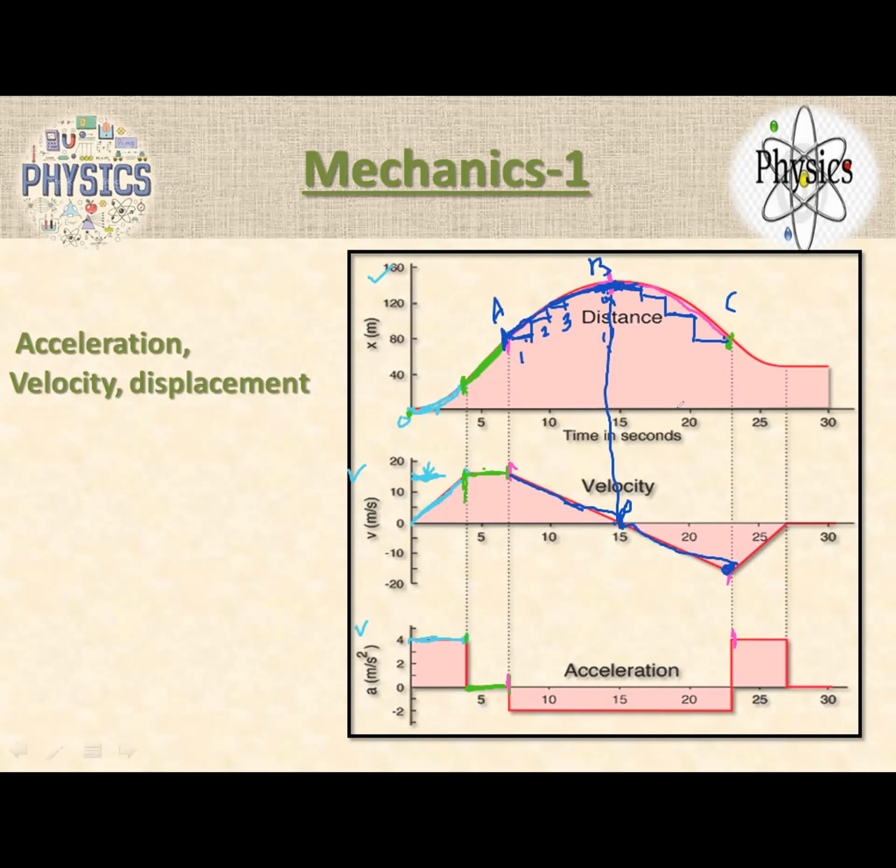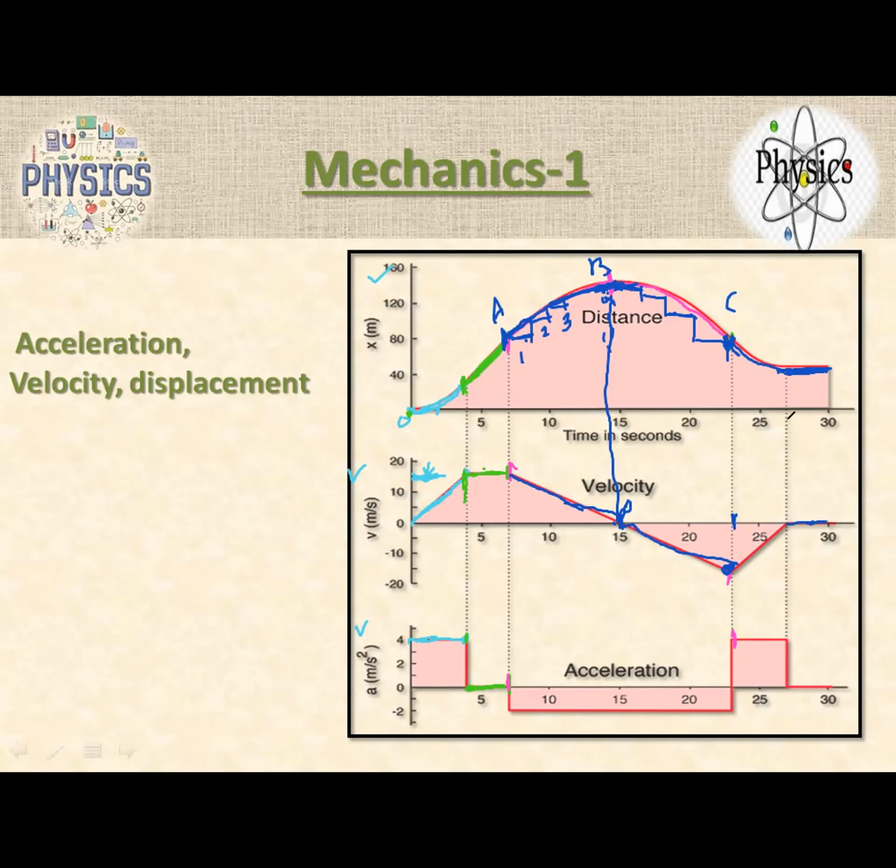At C, again, what happened? Tell me. Let's see the points. You can see the slope change is much higher, right? But it is decreasing here, almost parallel. When there is no change, velocity is zero, right?